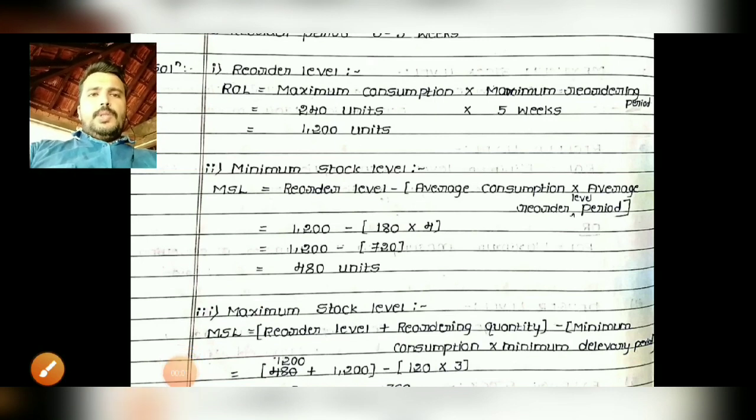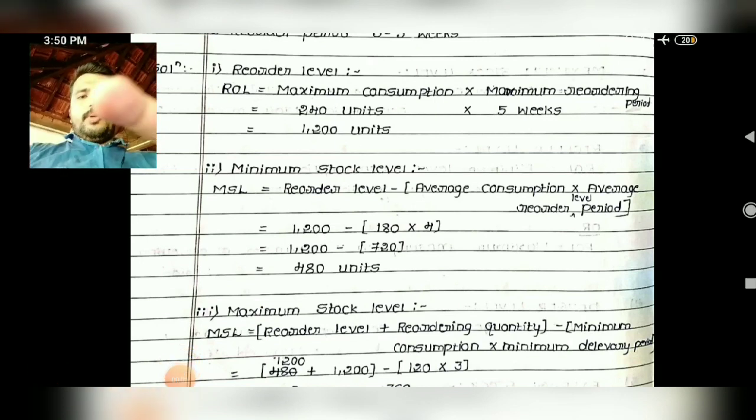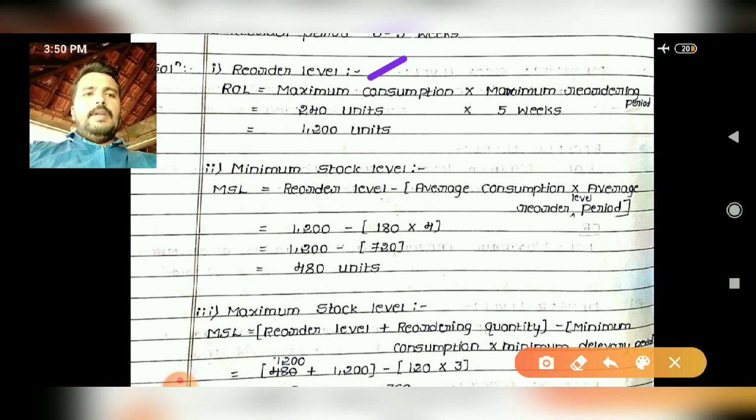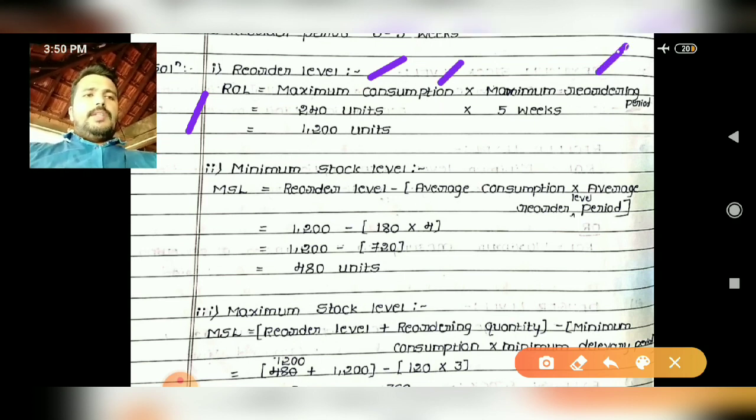The solution is here. First one, you need to calculate reorder level. You have to learn that formula by heart, and with the application of that formula you can calculate reorder level. So maximum consumption into maximum reordering period. This is the formula for the calculation of reorder level.